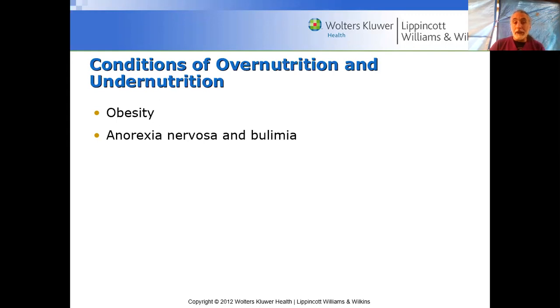Now, undernutrition, you may have anorexia nervosa or bulimia, psychological components here. Now, note anorexia nervosa. There is a difference between anorexia and anorexia nervosa. Anorexia simply means they're not eating. Medications may cause anorexia.